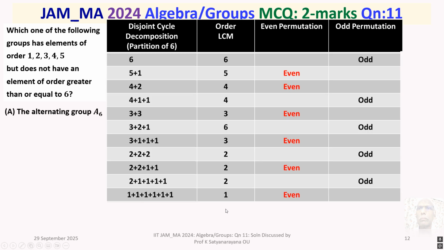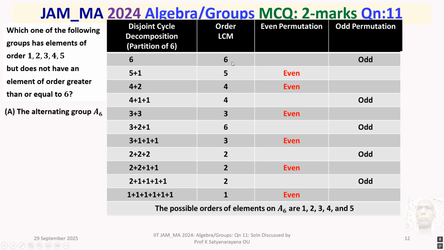Let's see whether A6 has this property. That means it has elements of orders 1, 2, 3, 4, 5. Yes. So the orders of elements of A6 are 1, 2, 3, 4, and 5. The first condition is satisfied. Now, is there any element of order 6?